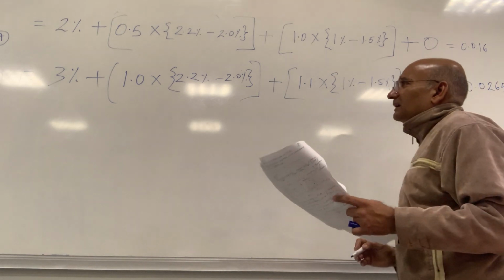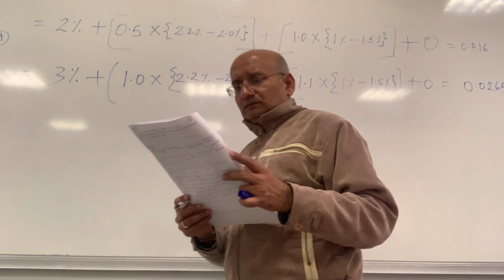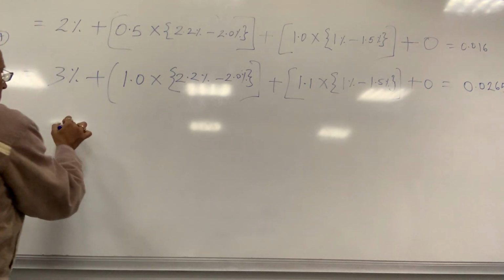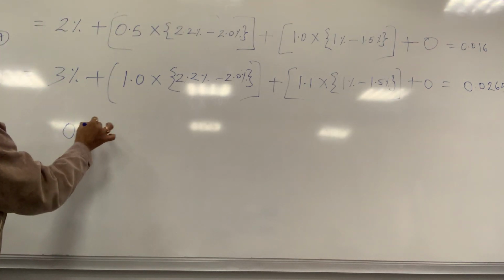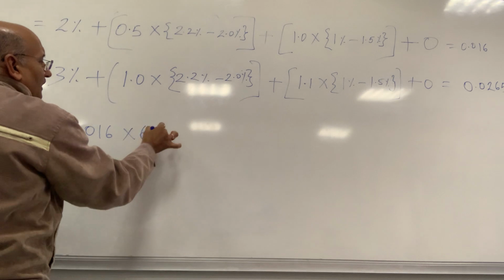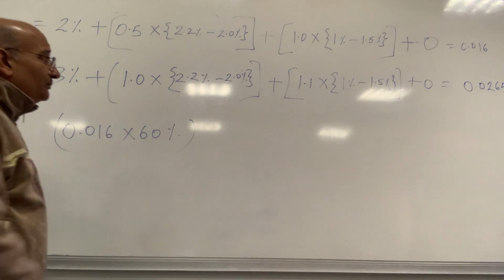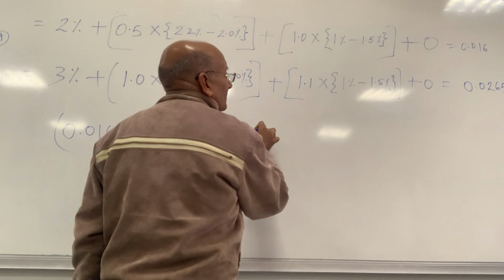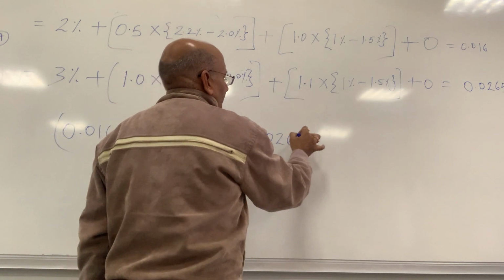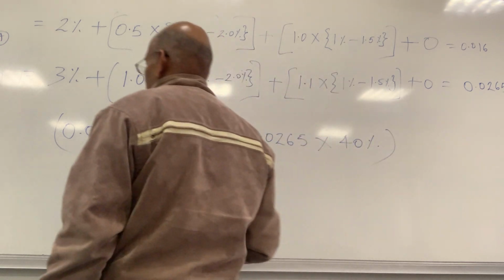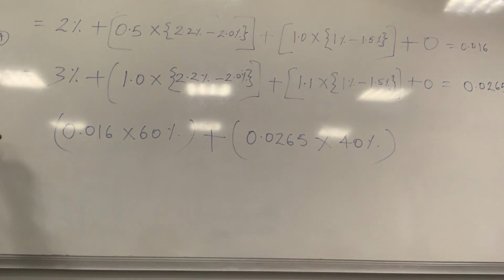So here you will have your final answer, 0.0265. And now I tell you a very simple way to do it. You are parking 60% of your fund in A, plus 40% of your fund in C. So this will be the weighted average return of AC.